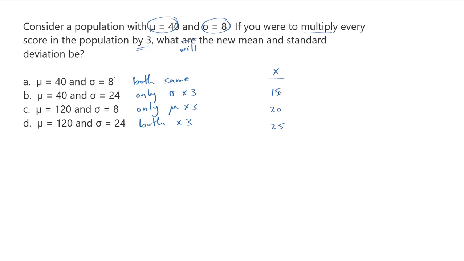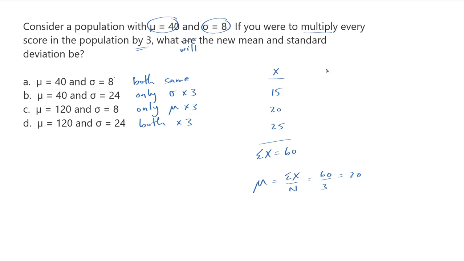So what is the average hourly pay? Well, if you were to add the 3 of these, you're going to get 60. And the average is the sum of x over n. So that is 60 over 3. The average is 20.